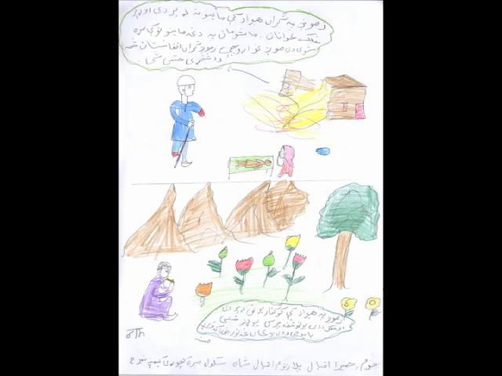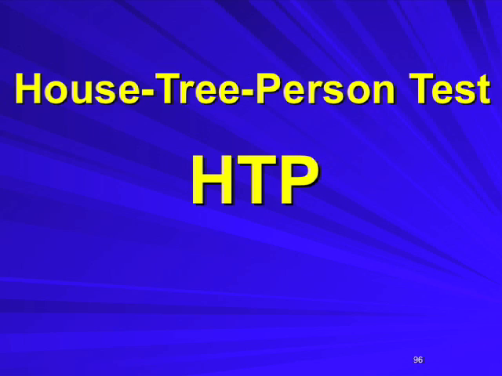There might be a second phase of the test where the test takers are asked to draw the same pictures, but this time with a pencil. One variation on this test administration is to draw two people, one of each gender. But the HTP can be scored in either a quantitative numerical manner or a subjective qualitative manner.